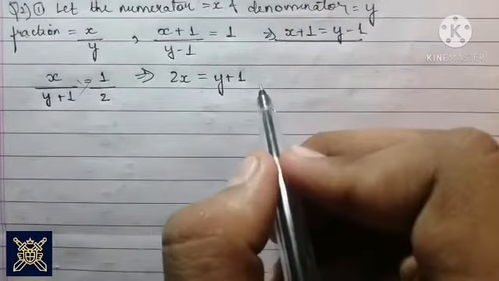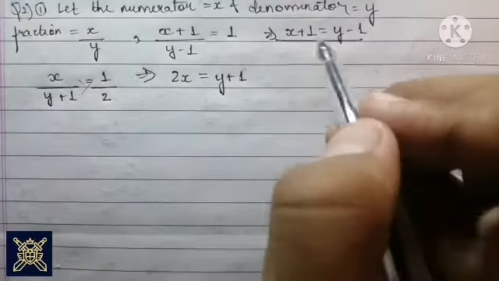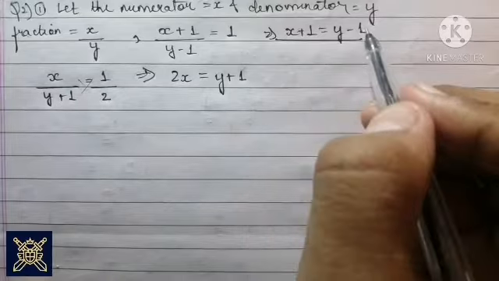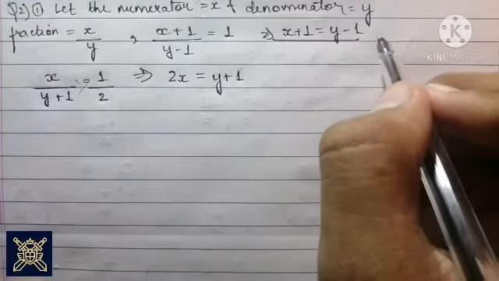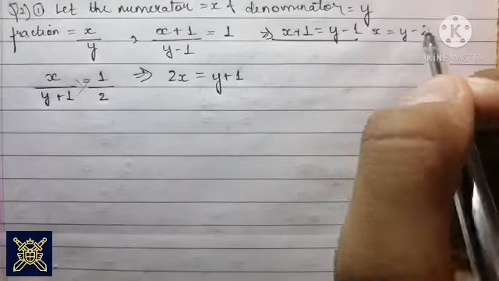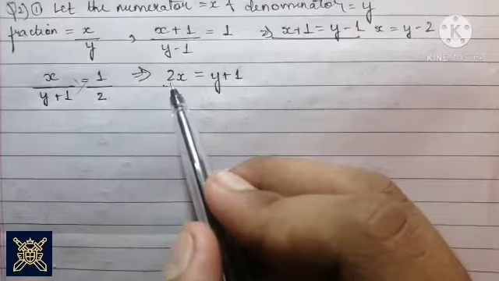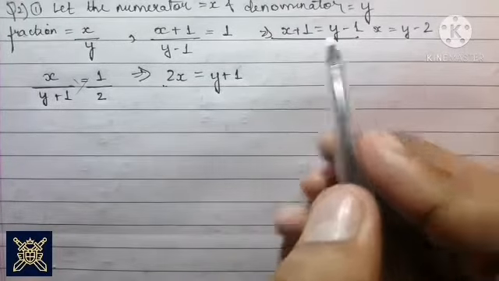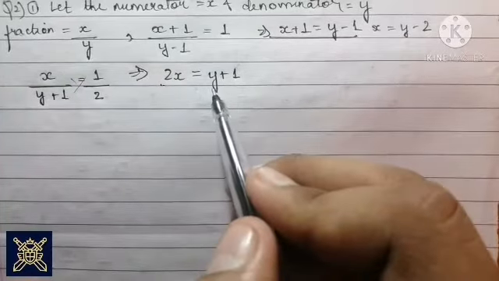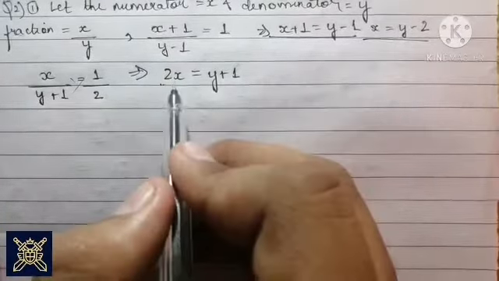Now we can also arrange the first in terms of x, so when you transpose this plus 1 over that side, the equation which you will get is x is equal to y minus 2. Now here you are having 2x. In order to eliminate this, you can directly remove y by subtracting this equation from the second one.